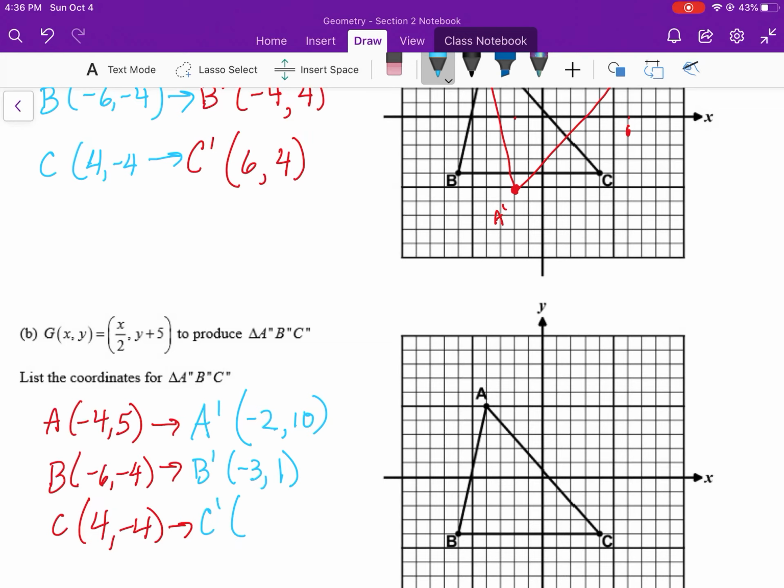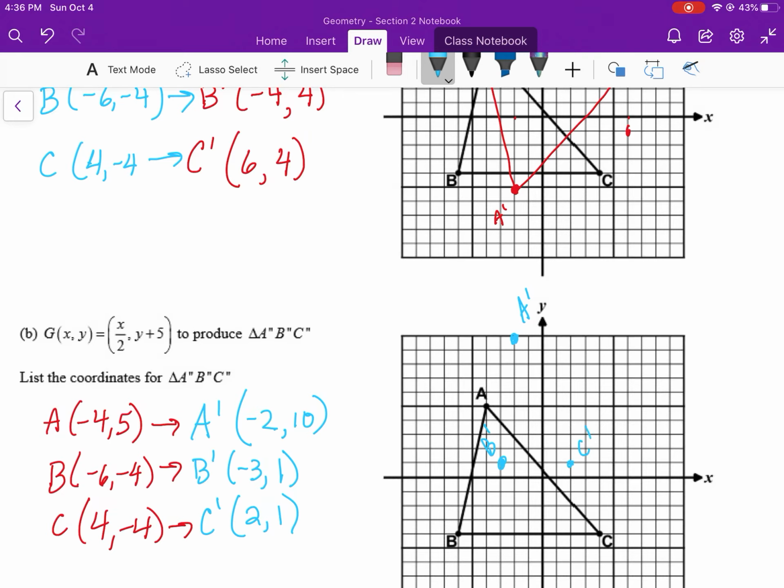C prime, I'm very confident in my ability. 4 divided by 2 is 2. Negative 4 plus 5 is 1. Let's try this one. Negative 2, 10. That's A prime. Negative 3, 1. That's B prime. And 2, 1. That's C prime.